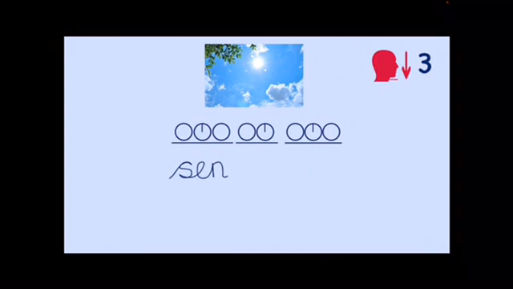And si, which I might also want to say sigh. Your decision is S, I. And then tiv. T is T, I is I, V is V, and I add an E.